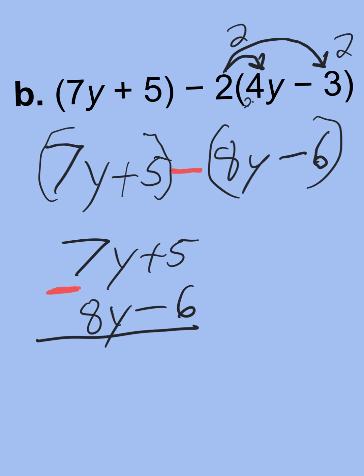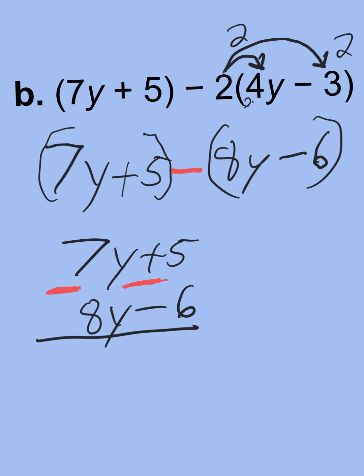You're subtracting the y's, and you're subtracting the constants. The biggest mistake I see is kids see this, and they go, oh, the minus sign's still there. Stop. This minus sign goes with the 6. It's not the red minus sign in the middle. We're minusing these terms.